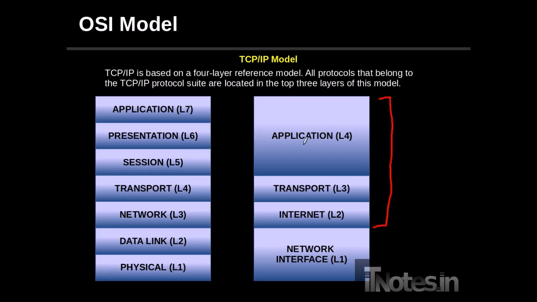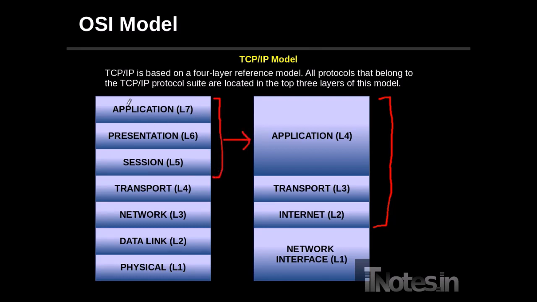But even though all the protocols belong to the TCP/IP model, people always use the OSI model as a reference point. That's because the OSI model is a much better model than the TCP/IP model. But you need to know about the TCP/IP model as well, because that is what is being used. It's easy to remember because the application, presentation, and session, these 3 layers, have been boiled down to a single layer called application.